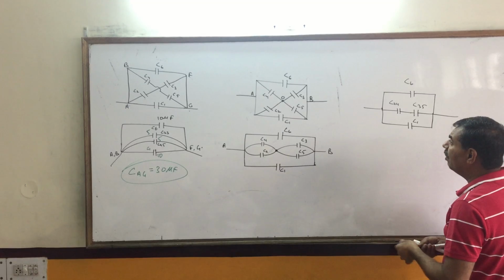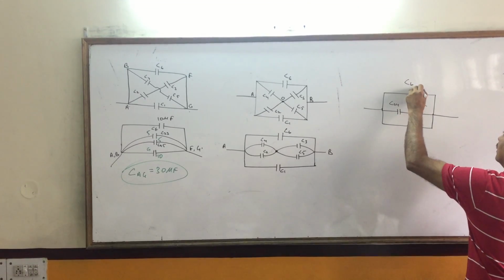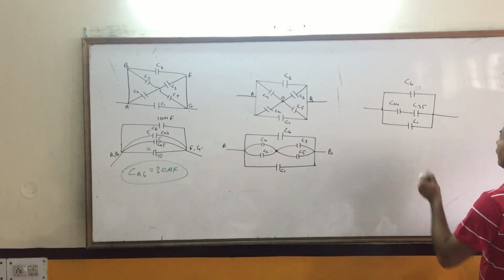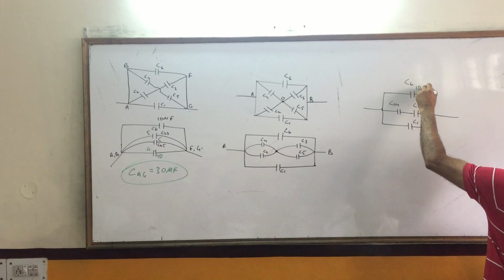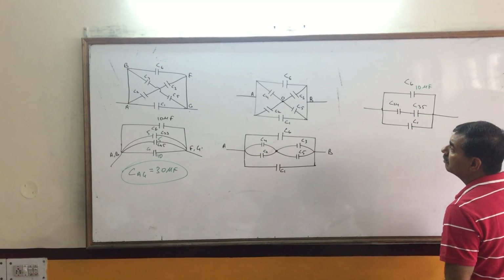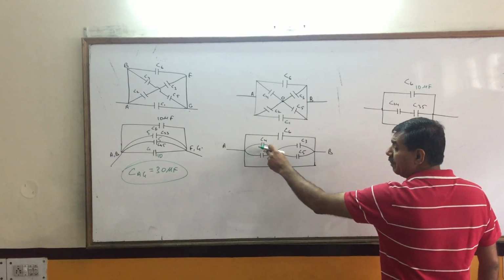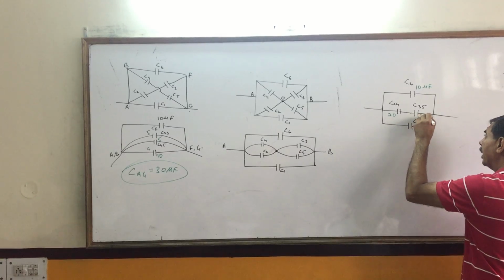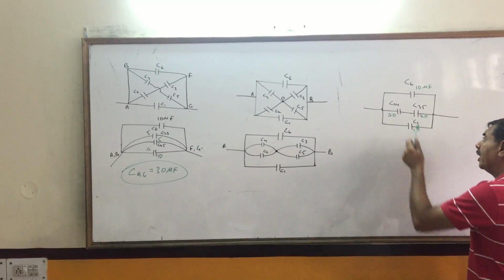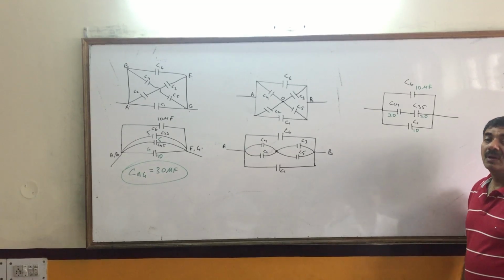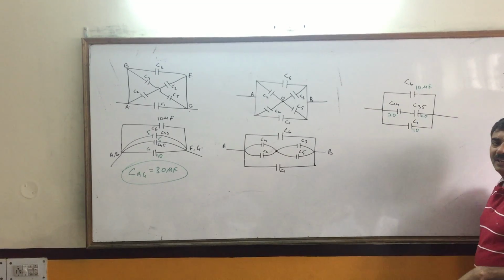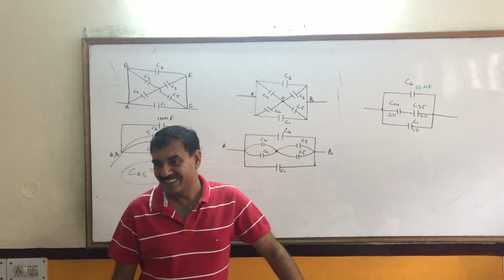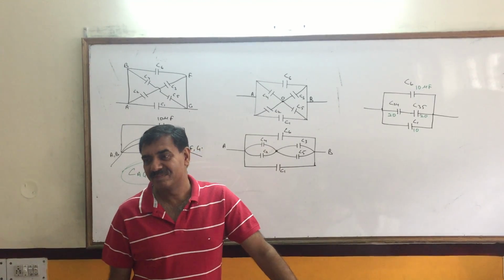C6 is how much value? 10. C2 and C4 are in parallel, 20. 3 and 5, this would be 20, and this is also 20. 20 and 20 are in series, 10, and 10 and 10, 10. 30 has come. Very interesting.